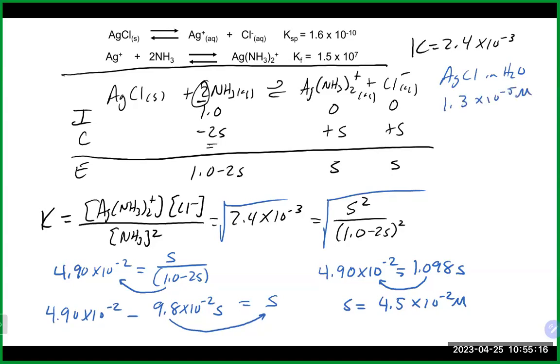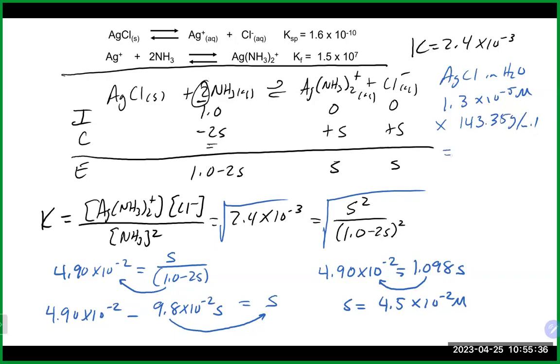And if we want real numbers to help us visualize what's going on here, we have a molar mass of 143.35 grams per mole times 1.3 times 10 to the minus 5.